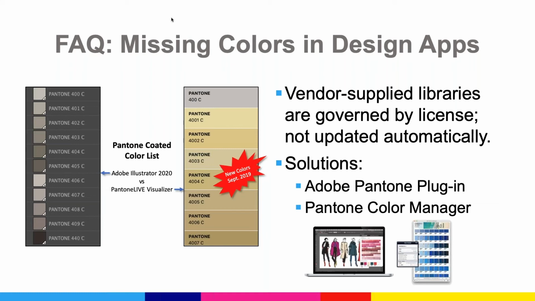Many people are familiar with it. Those are two strategies to get access to those colors before the software vendor or the RIP vendor updates their software on their time frame to include those new identities.